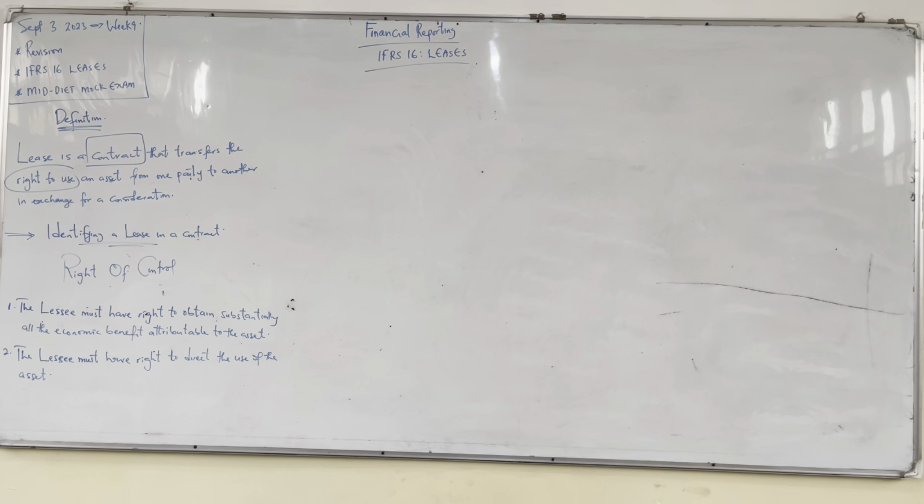Though a contract can state where you're supposed to use it for, it can state, but it should not restrict the use beyond a reasonable level. He cannot come back and say, no, you cannot use it for this again. He has to give you the right to direct that use, the use you have agreed, right? You should be able to be the one dictating, not him coming in.